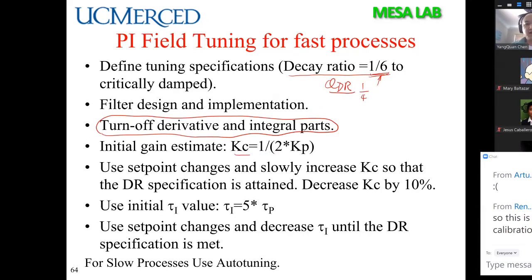Then increase the gain so that you can get the decay ratio 1/6, right? After you have done that, you decrease this by 10%. This is just a rule of thumb. In that case, you can use tau I as 5 times your process time constant, which is the capital T in here.